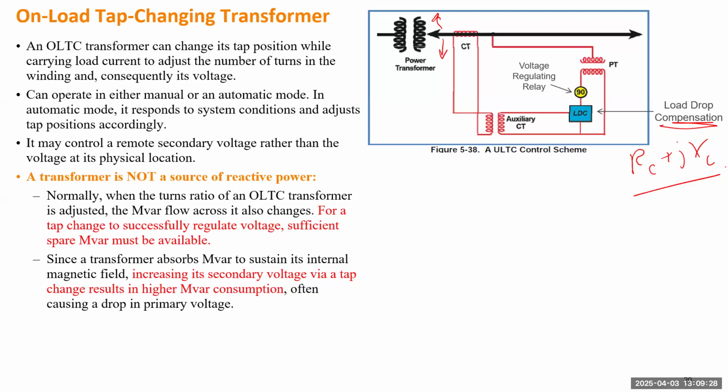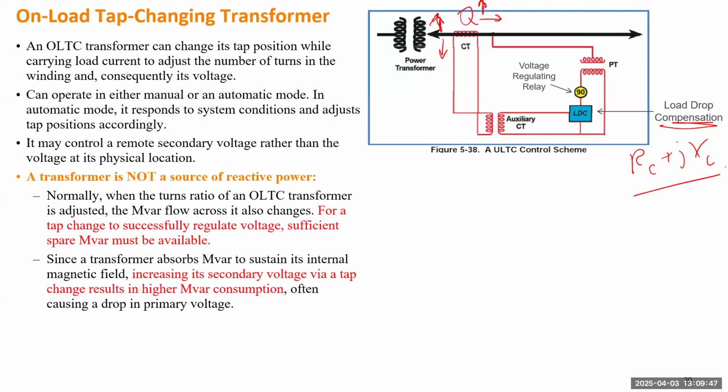So when you increase the tap position up, the Q going to the secondary side should go up, but the condition is the primary side needs to have enough Q.